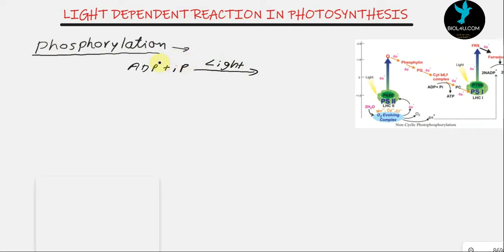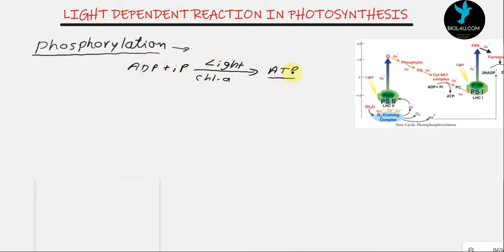So the energy for the phosphorylation is taken from the light. Okay, so ADP in the presence of inorganic phosphate, light energy, and with the help of the chlorophyll-a molecule, is converted into ATP, with high energy.